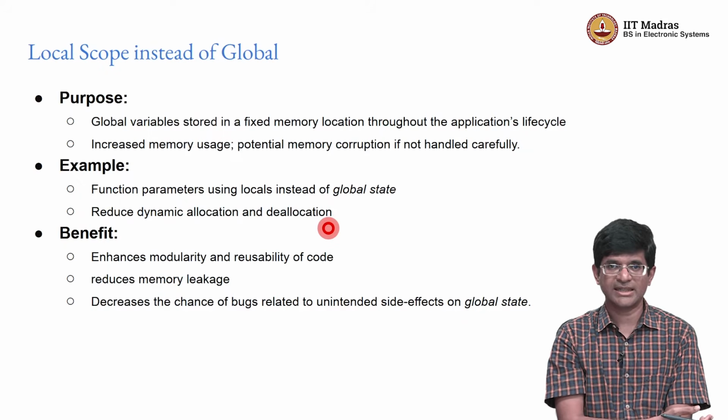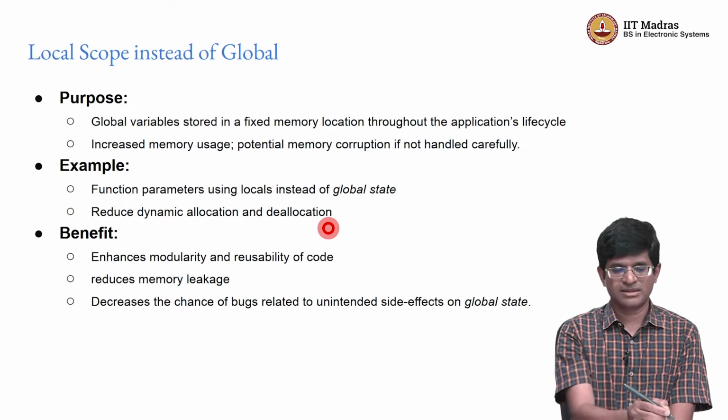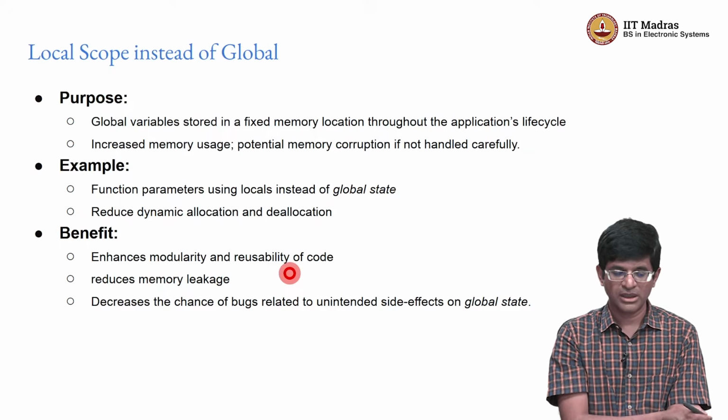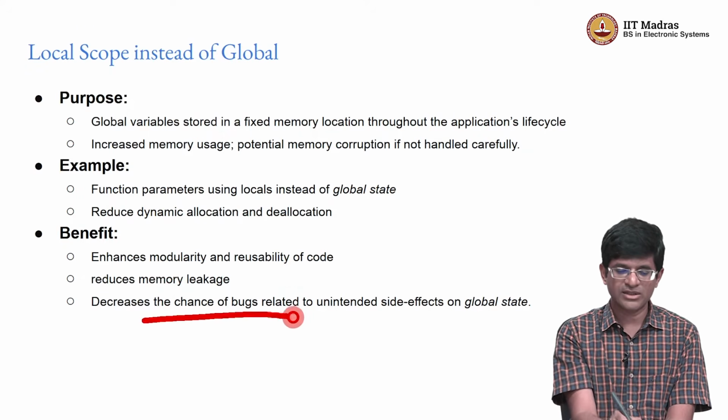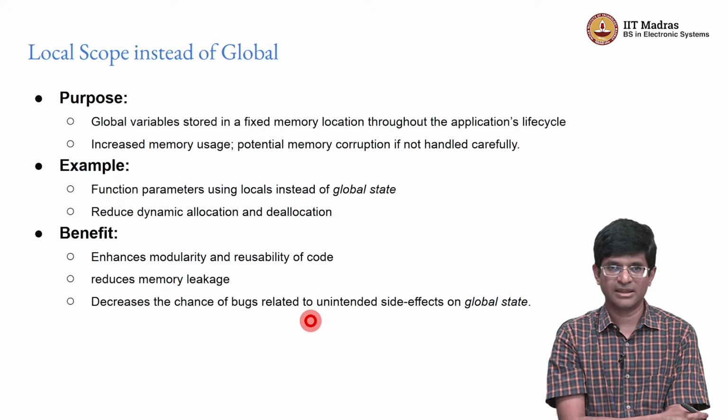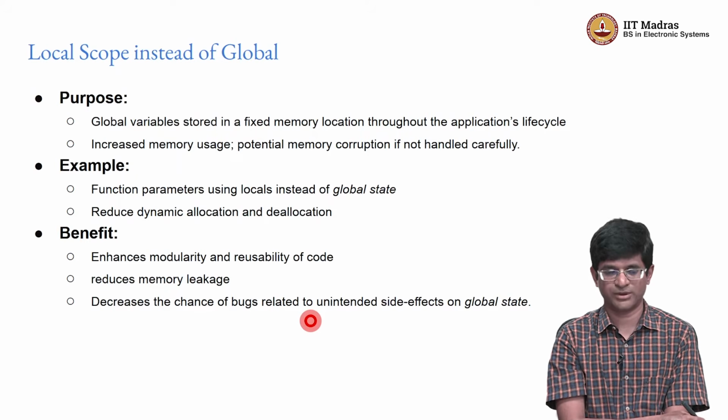You could end up in a scenario where you run out of memory eventually. So all of these not only enhance the modularity and reusability of the code, it also decreases the chance of bugs that are related to having global state and which would otherwise have been difficult to identify and reason about.